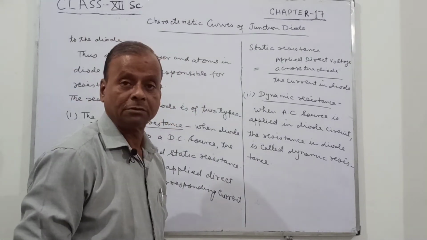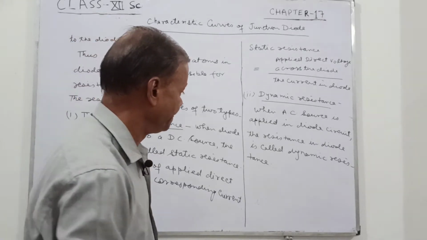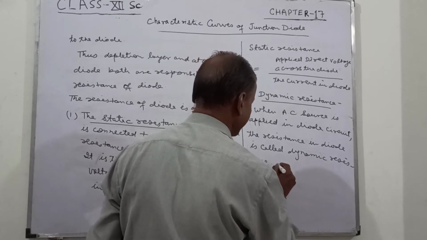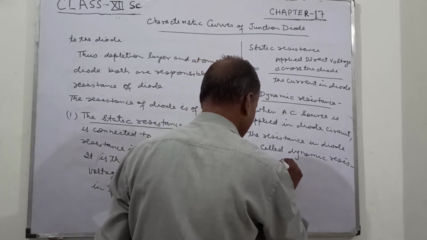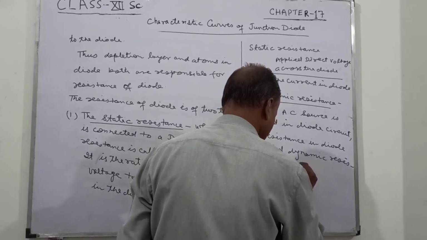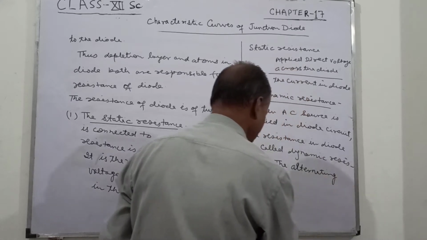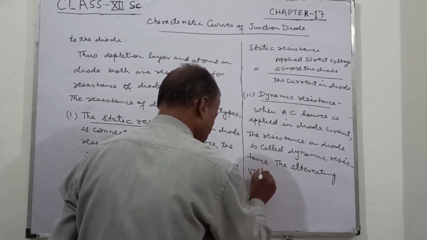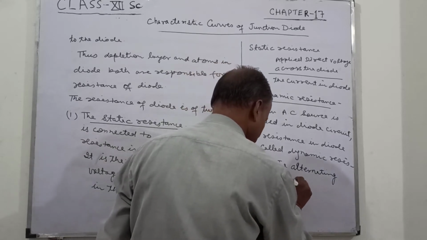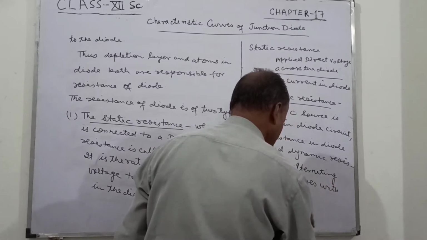Since in the AC source, the AC voltage changes with time, and you can have the alternating voltage changes with time.